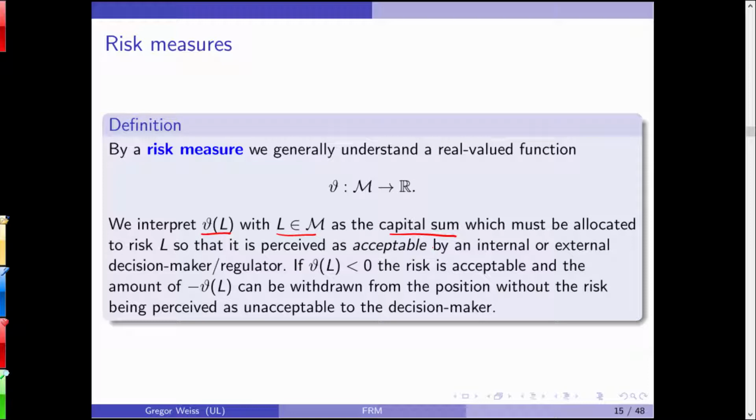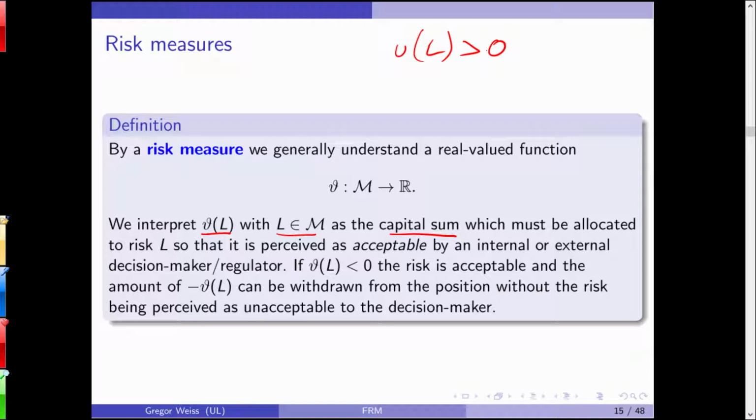So, first of all, we have to see that there are two possibilities. In many cases, if nu of L is positive, this is the required amount of risk capital. We need to put some money on the side to make this risk acceptable to the regulator or to our CEO.